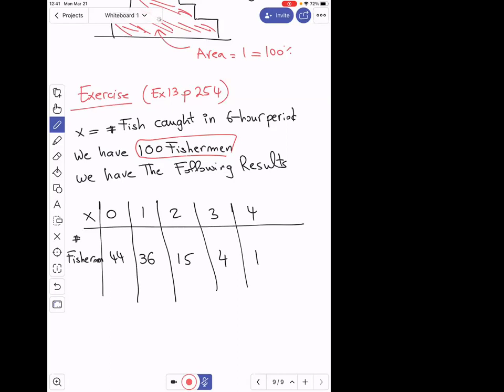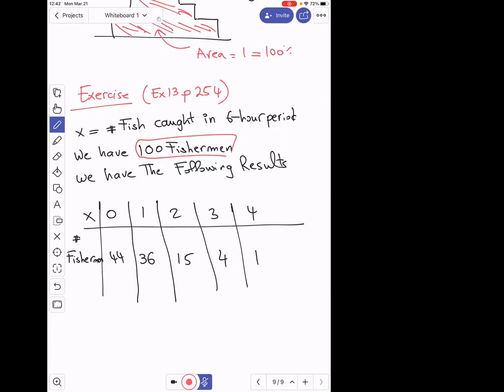Excuse me, I have a question. Yeah, please. How do you only have 4 for x? We're just saying the 4 is the maximum number of fish caught by the 100 fishermen here. Okay, the problem says that? Yeah, the problem says that.